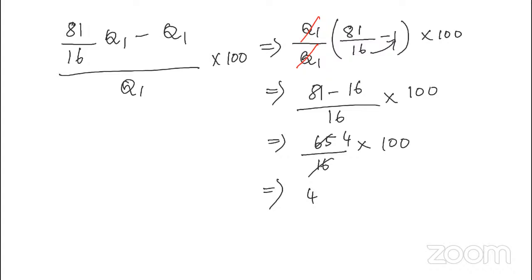There are no decimal points, so we have to stop at whole numbers. Right? So 4 into 100, 400. That is 400 percentage. So that is the right one. So that is option D. This option D is the right one.